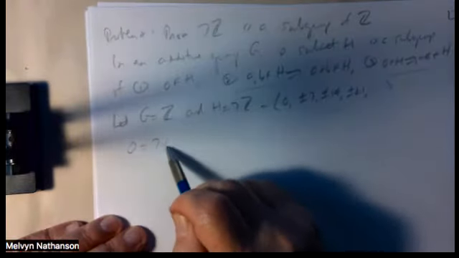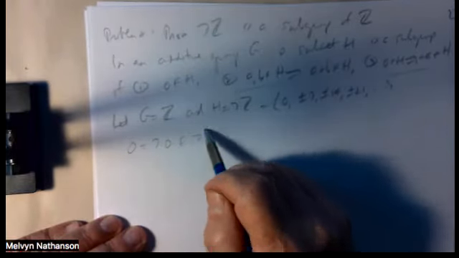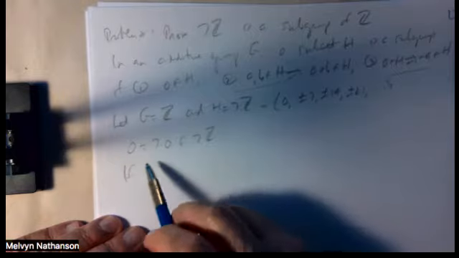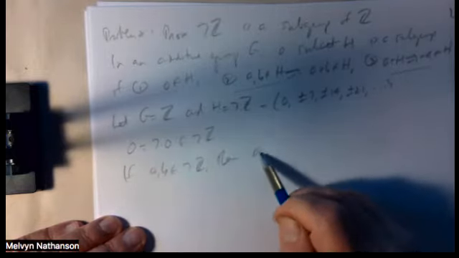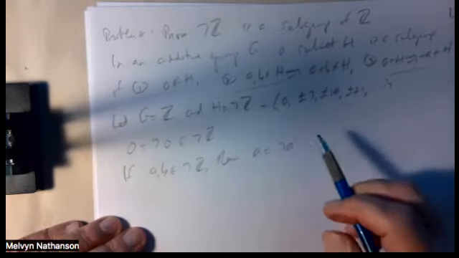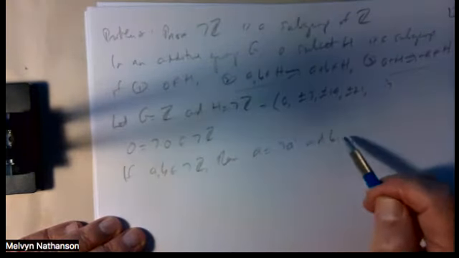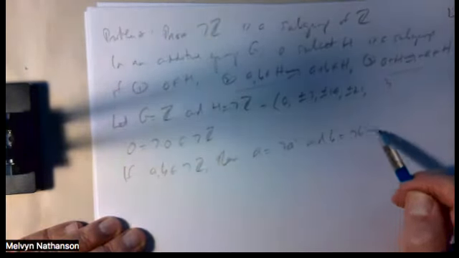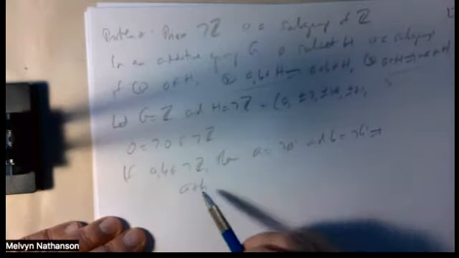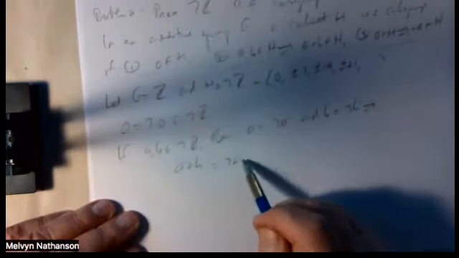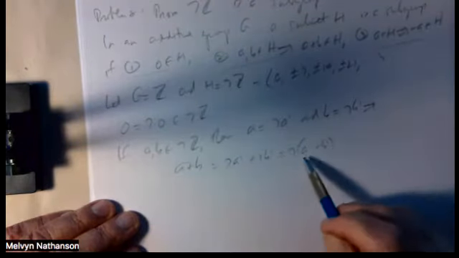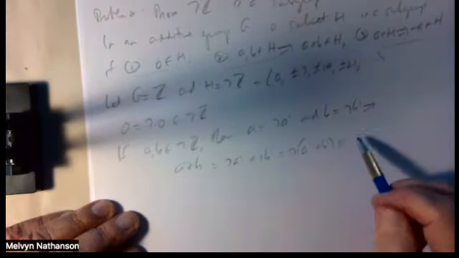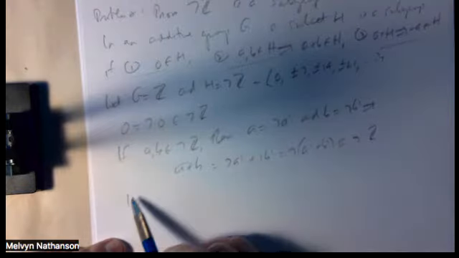So first of all, 0 is 7 times 0, so it is in 7Z. And if A and B are in 7Z, then A is equal to 7 times some number A prime, and B is 7 times some number B prime. So A plus B is 7A prime plus 7B prime, which is 7 times A prime plus B prime. This is 7 times an integer, so that's in 7Z.